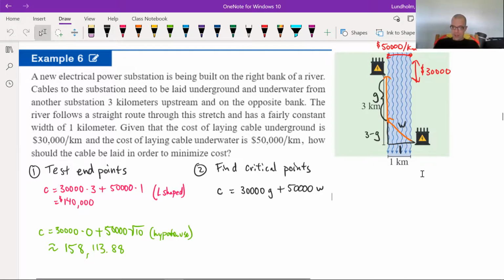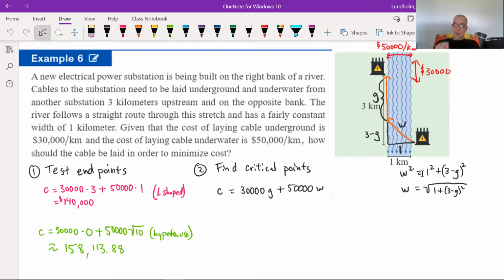Real quick, sidebar over here. We can use the Pythagorean theorem. W squared equals 1 squared plus (3 minus G) squared. And then W just equals the square root of 1 plus (3 minus G) squared.